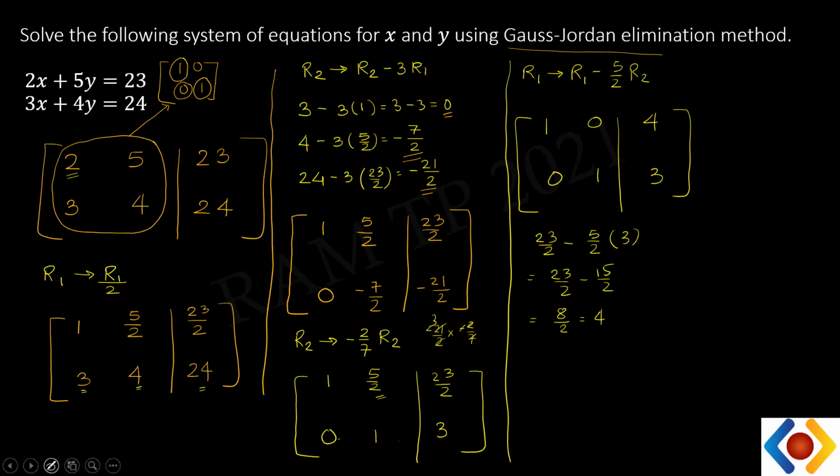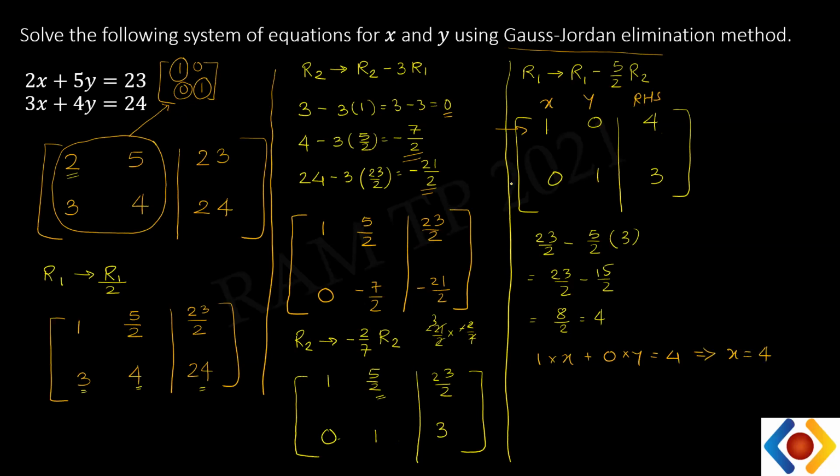Remember this matrix when we initially formed it, what was there? X, Y, and RHS, right? So the first row is telling me 1 time X plus 0 time Y is equal to 4, which is simply nothing but X is equal to 4.